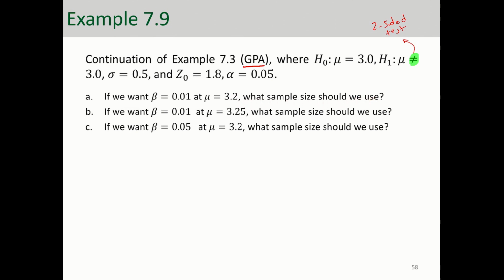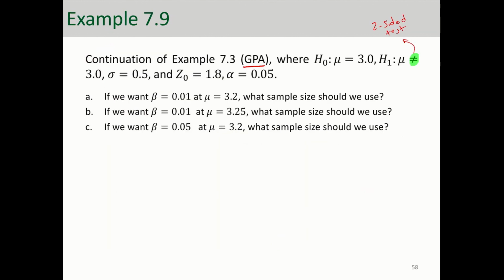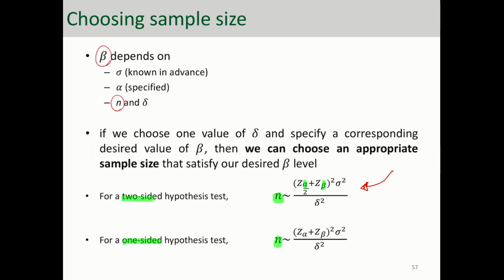Well, because it's a two-sided test, looking at the previous slide, here is the formula to calculate n. So for part A, n is equal to z of alpha over 2 plus z of beta, times sigma squared.